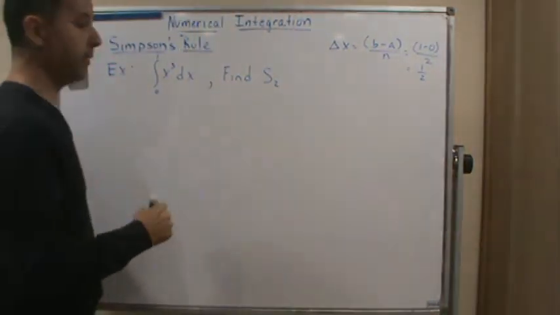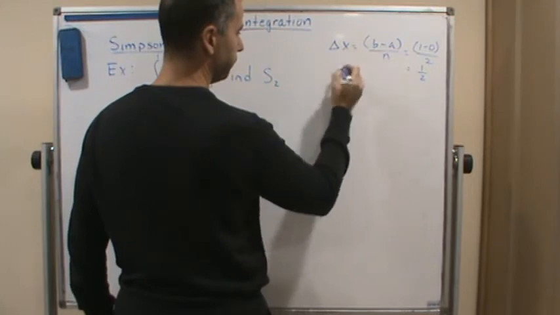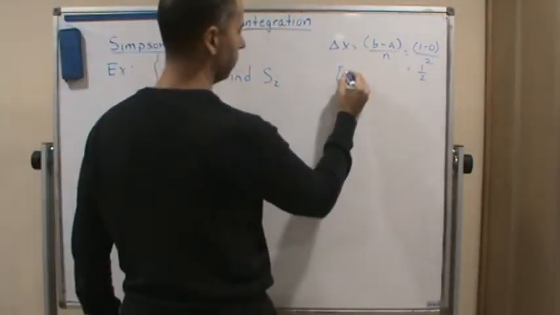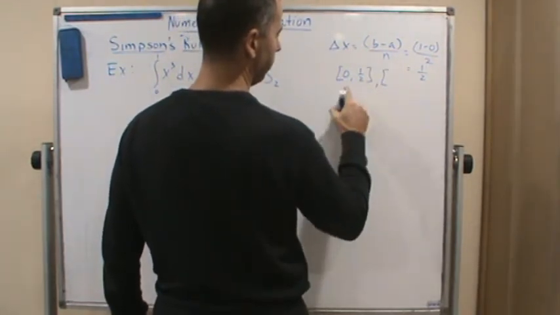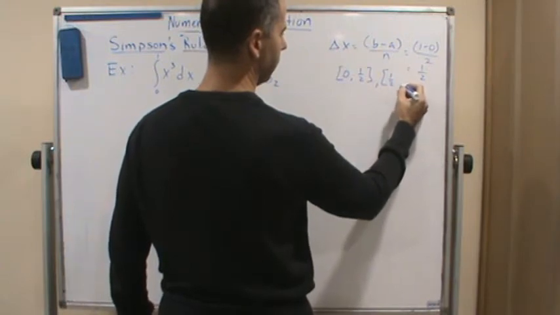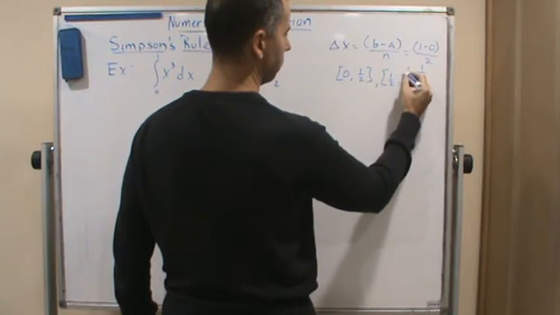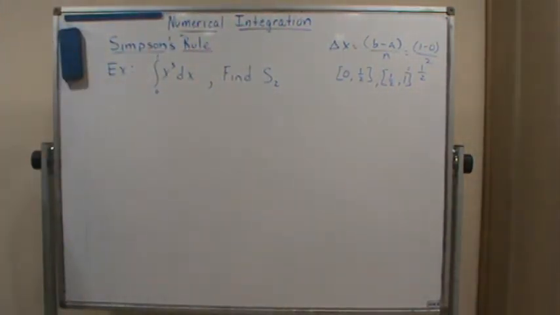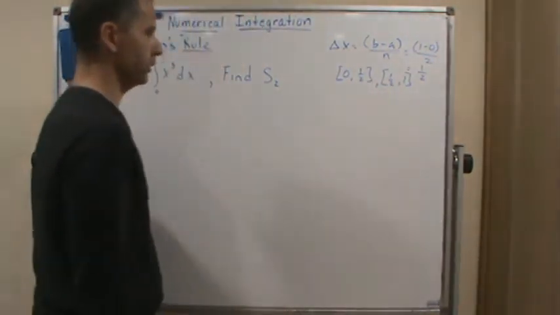So that means our subintervals are going to go from 0 to a half, and from a half to 1. Right? And so, again, n is equal to 2, so there's our two subintervals.